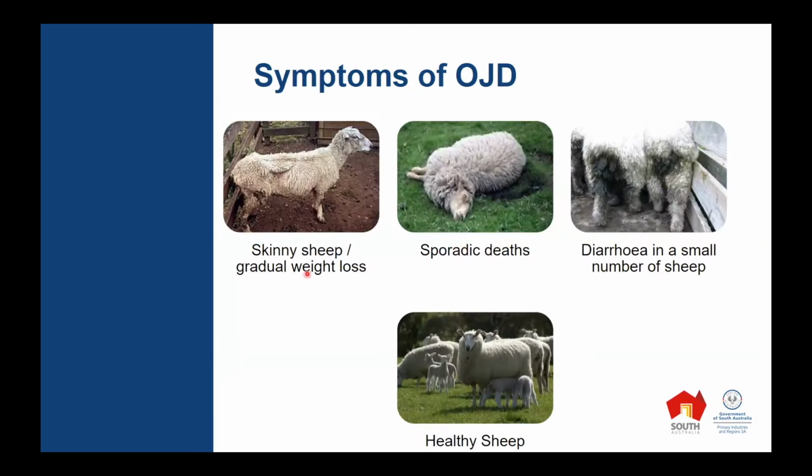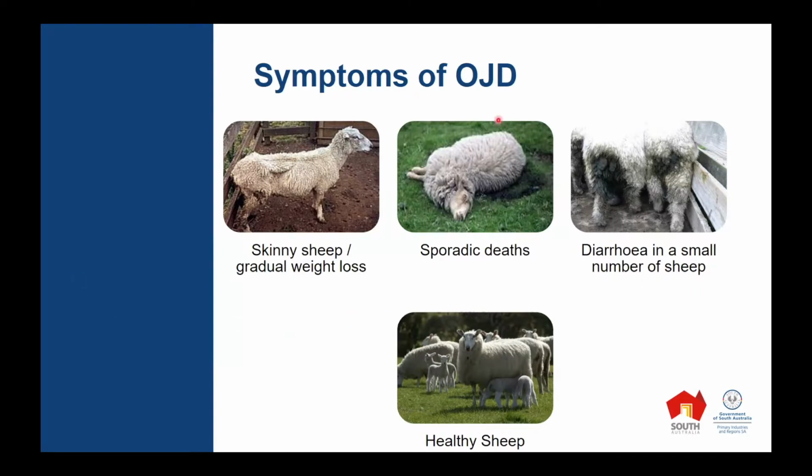So the symptoms of OJD, you see this animal here is basically wasting away to nothing. It's probably only a few days off of dying, and it's just not able to put any condition on at all.